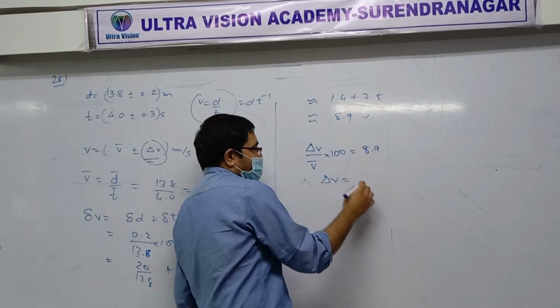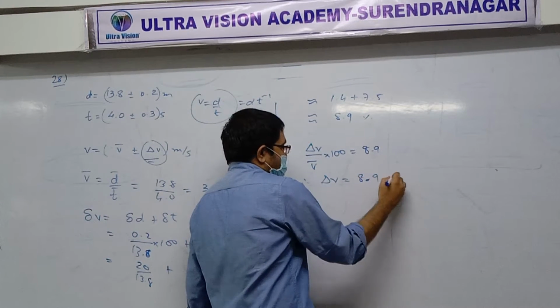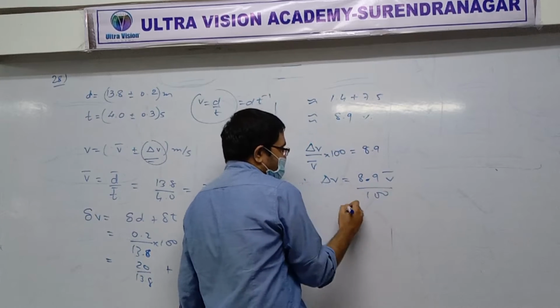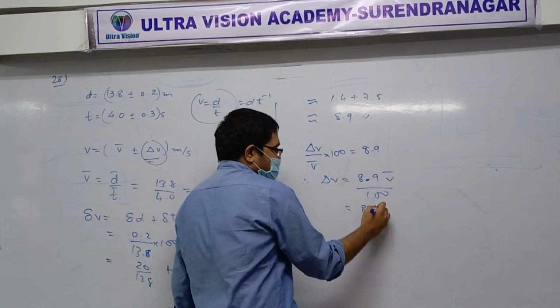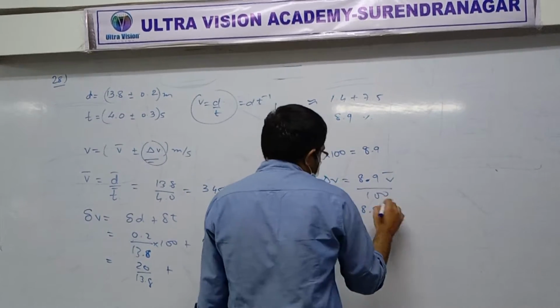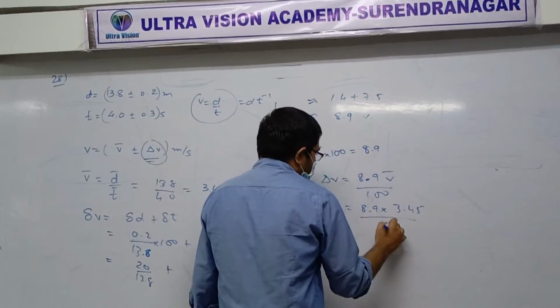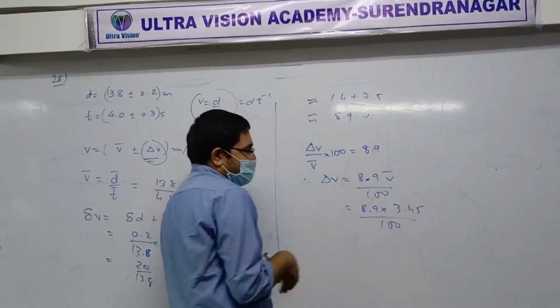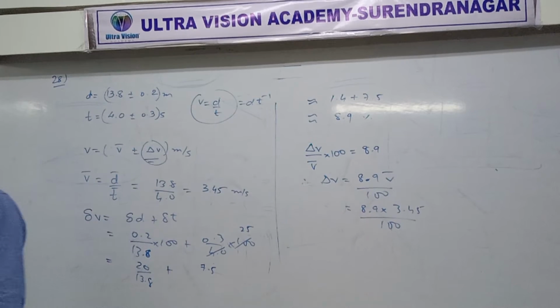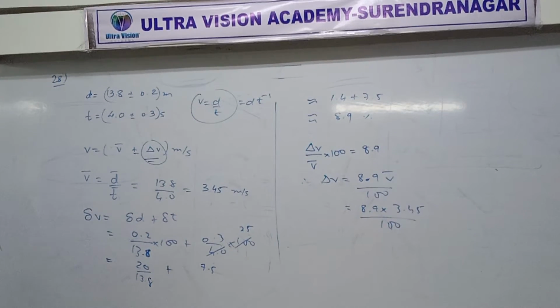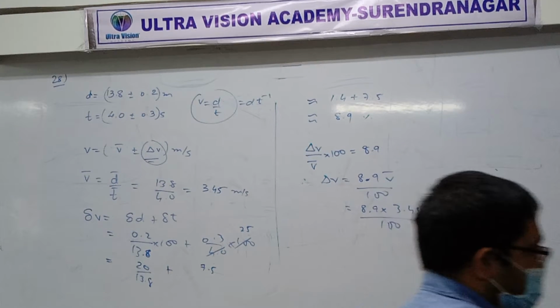So delta V will be equal to 8.9 into V bar divided by 100. Okay? 8.9 into V bar. What's V bar? 3.45 upon 100. Okay. Come on. Multiply and divide. See what you get. What's your method?